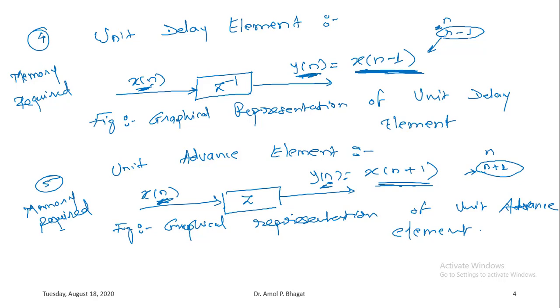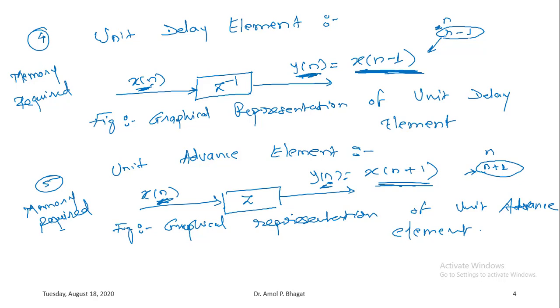Somewhere you will get a scrambled signal, disturbed signal, distorted signal, or sometimes there will not be any signal present. So you cannot predict what the next future sample will be, right? Therefore the realization of such a system is not possible, because it can be considered a non-real time system, correct?